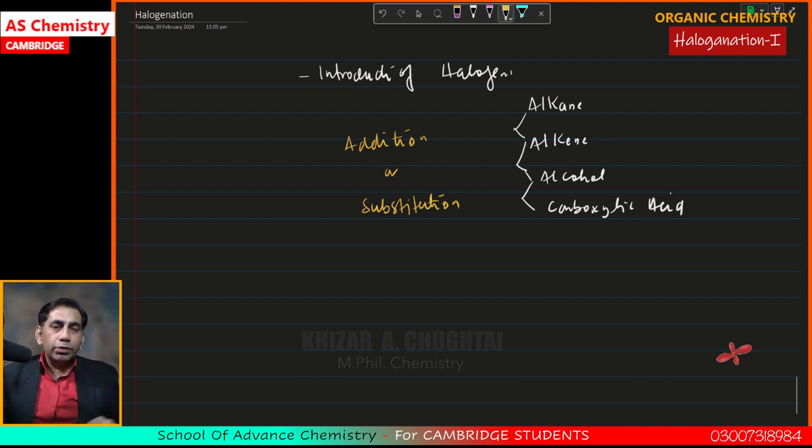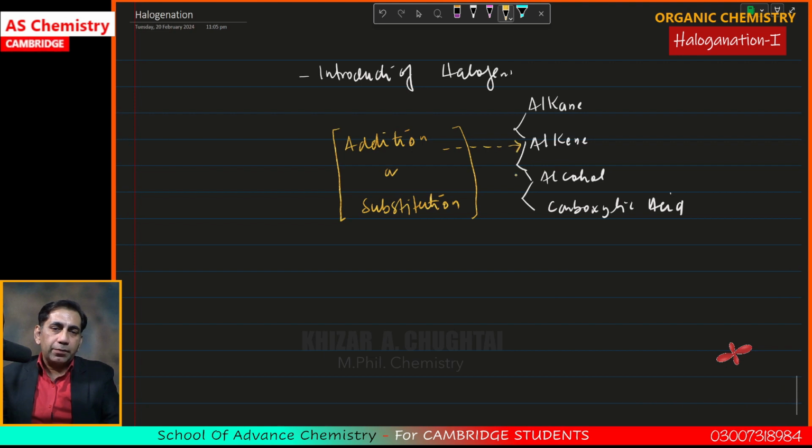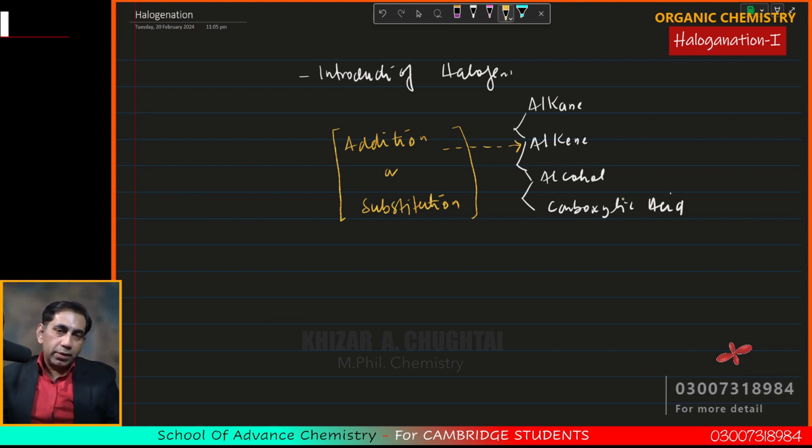But we can introduce halogen by addition reaction or by substitution reaction. Especially addition reaction is carried out in case of alkenes only. And we can introduce halogen to alkanes by substitution. We can introduce halogen to the alcohol by substitution, to carboxylic acid by substitution.